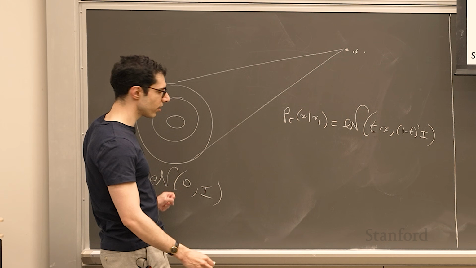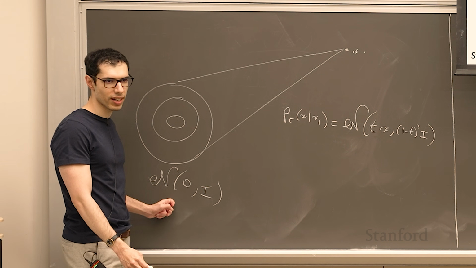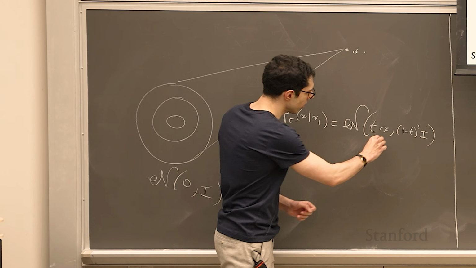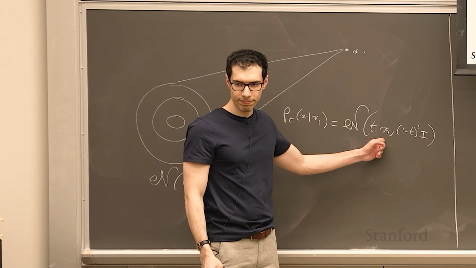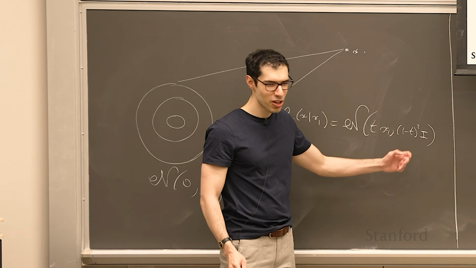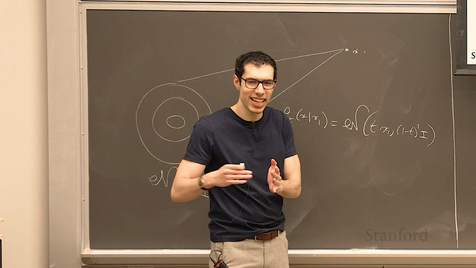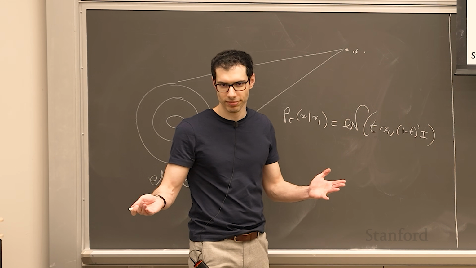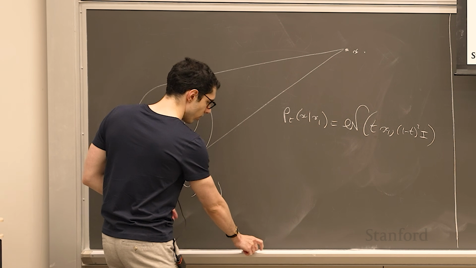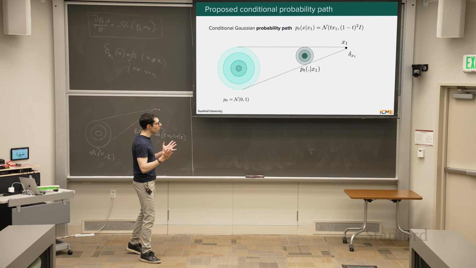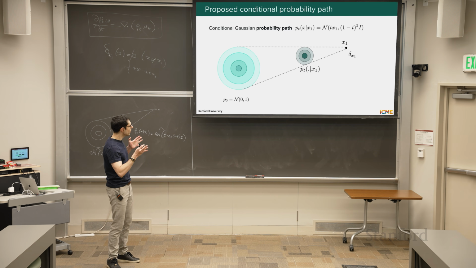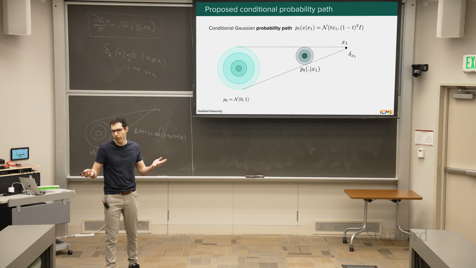So p0 is just the normal distribution of 0 and I. And p1, well, t equal 1 is like just x1. And this one is a variance of 0, so p1 is just a Dirac distribution. So this probability path that I'm telling you is something that is letting us go from our initial data distribution to this point, so it's a valid one.